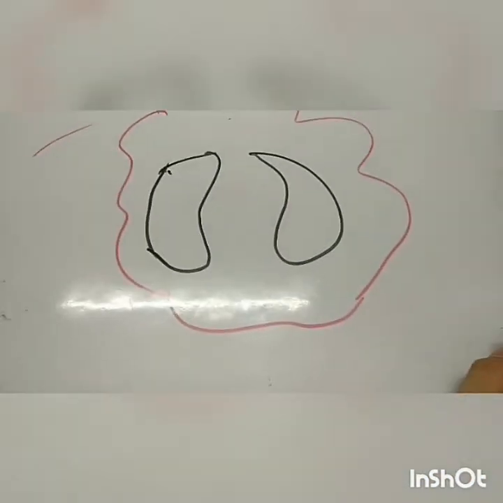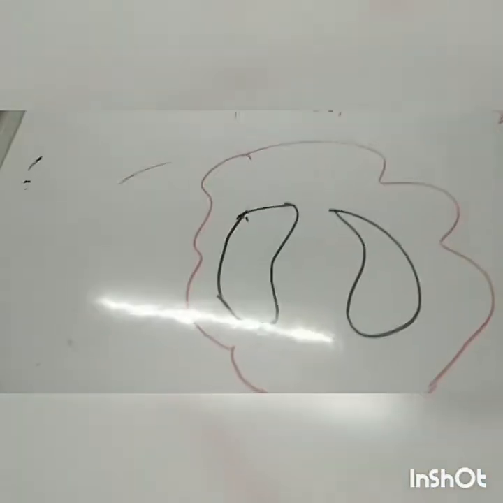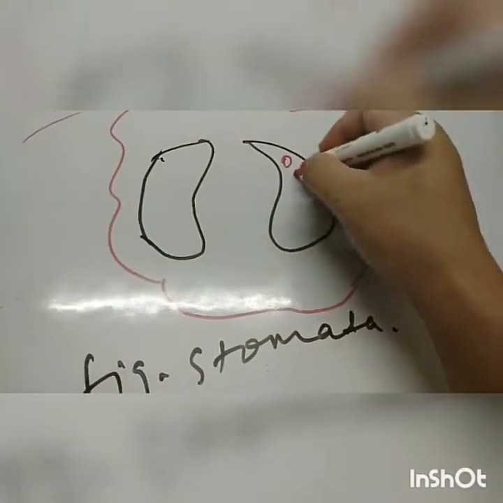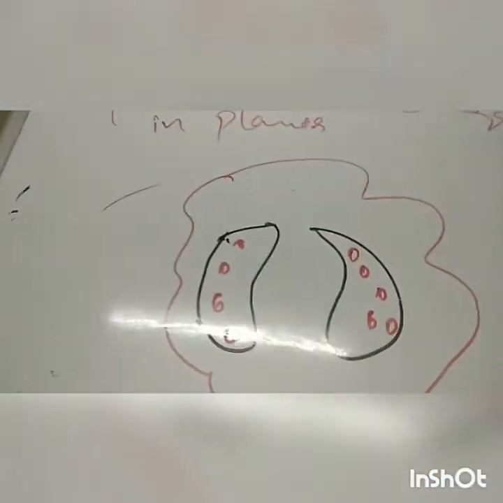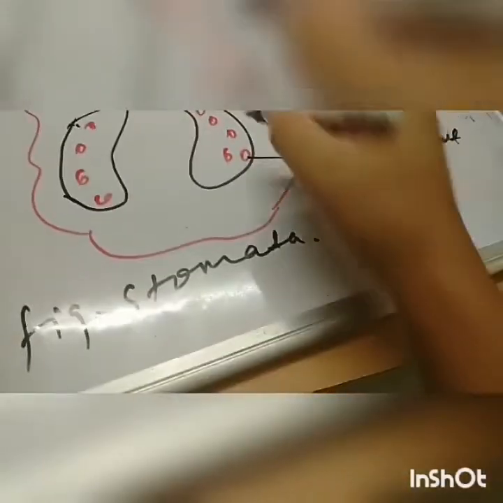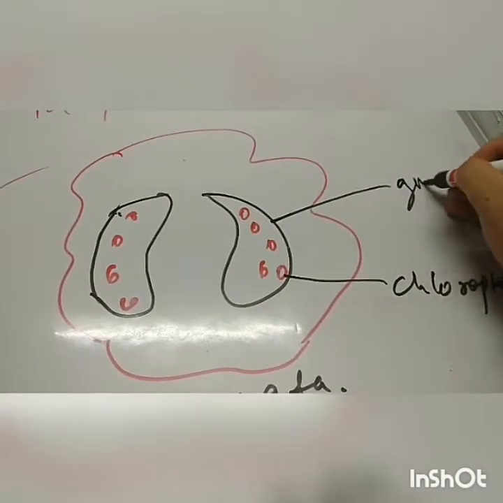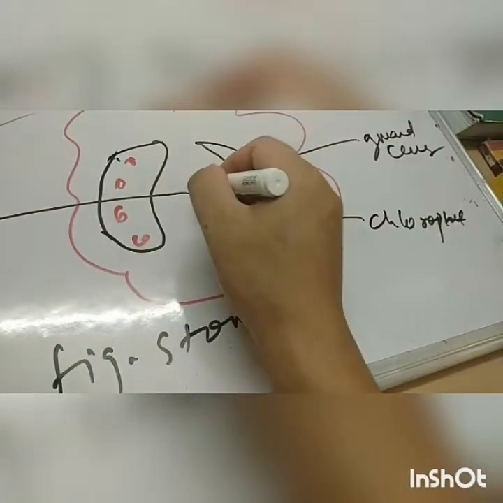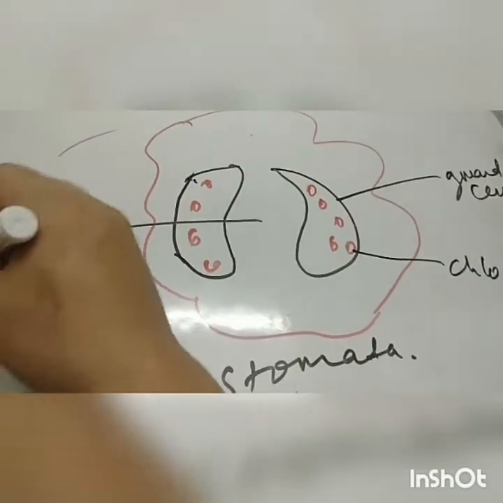This is a structure of stomata, and those things are chloroplast. And this bean-like structure is guard cells. And this hollow structure, this empty space, is the stomatal pore.